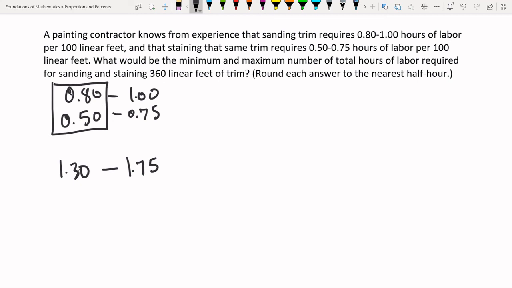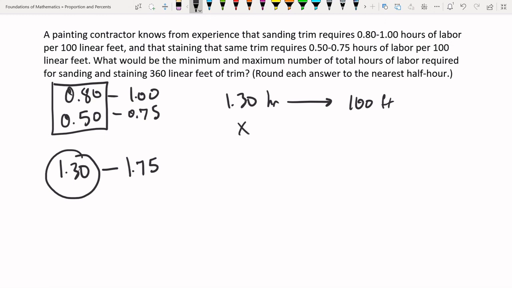As we're looking at the max and min, we're going to take this in parts. We're going to look at the first part, the minimum here. 1.30 hours goes to 100 linear feet, goes to x hours for 360 linear feet. This is a proportion.